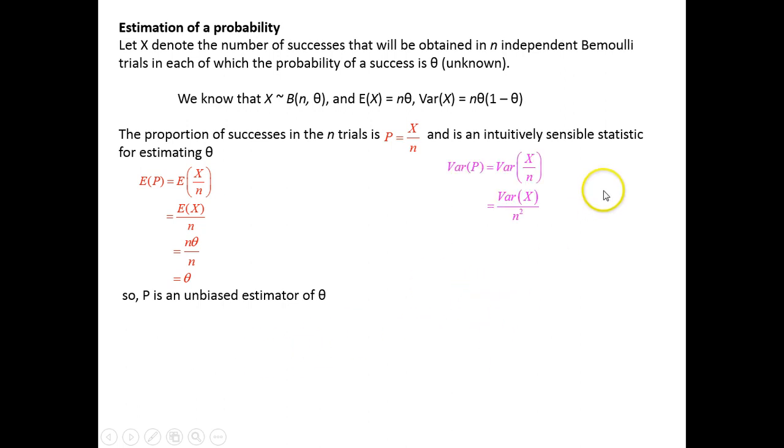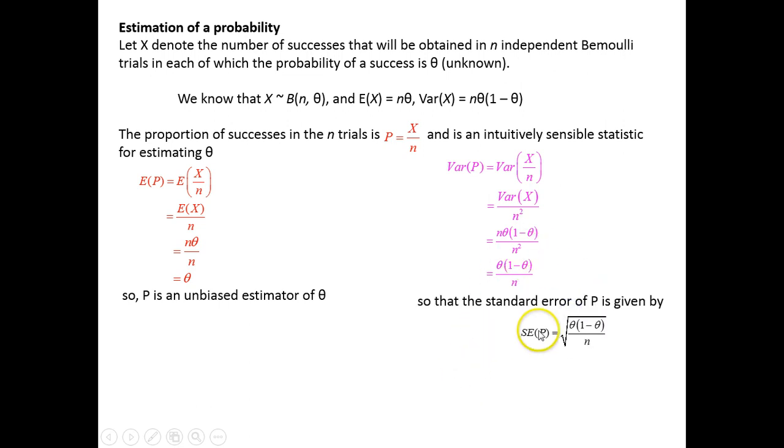Its variance: for X over n, the n would be squared if we take it out of the variance. So the variance would be n theta (1 minus theta) over n squared. One of the n's will cancel, and I've got that combination. The standard error of P is given by the square root of the variance.